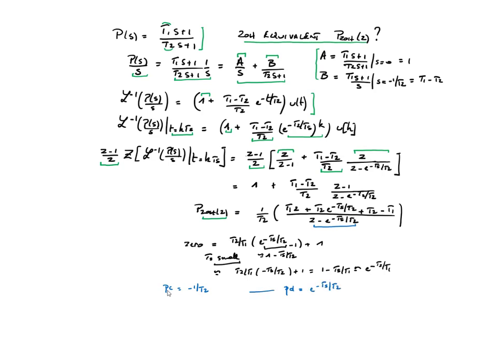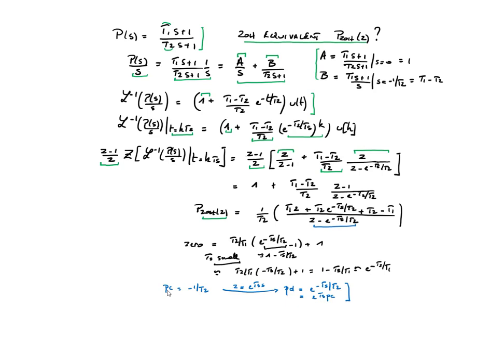So indeed the poles are mapped by the relation exponential of TS times s. So the discrete time pole is the exponential of TS times the continuous time pole. This is something that we had discussed previously.